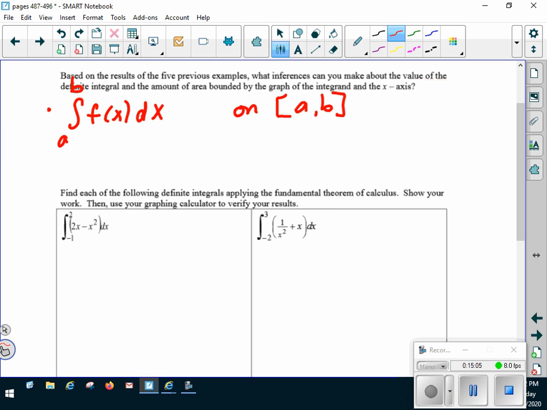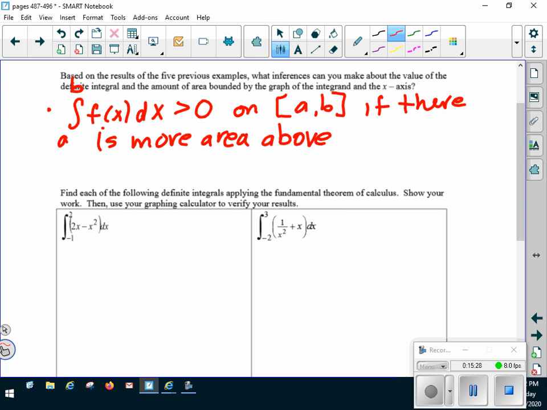That integral is positive on the closed interval a to b if the area above the x-axis is more than, that's right, if there is more area above the x-axis than below.